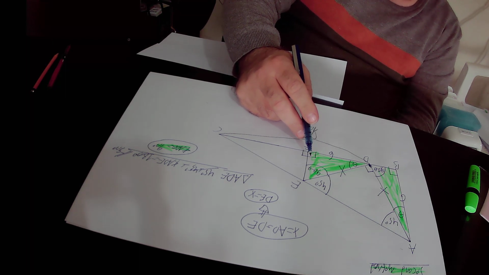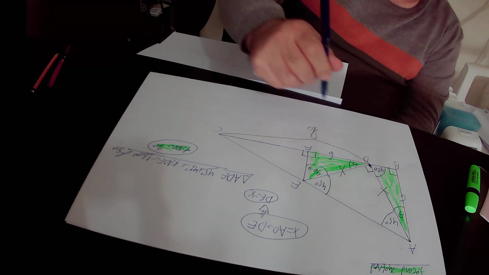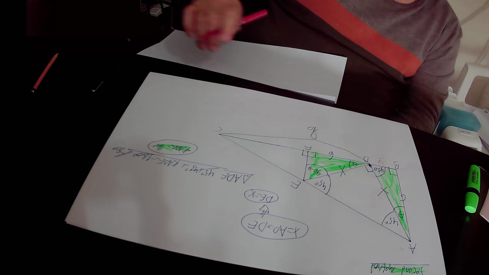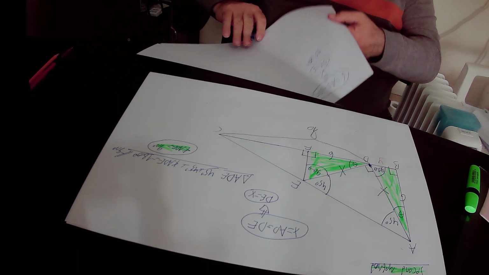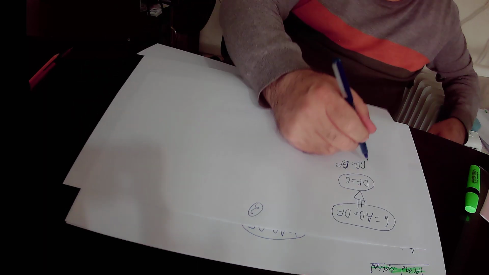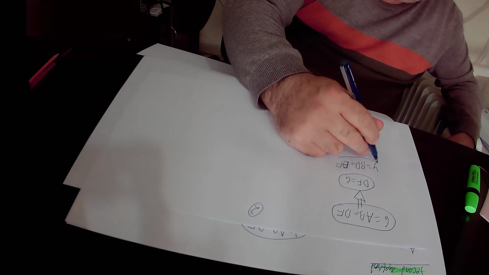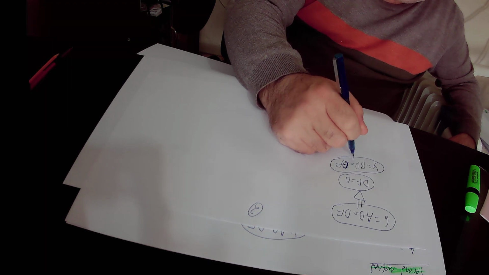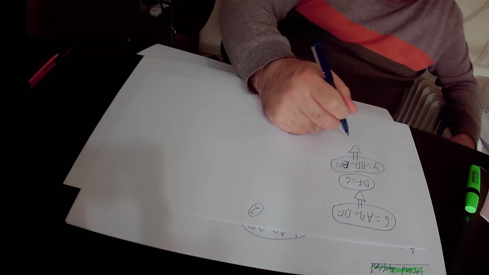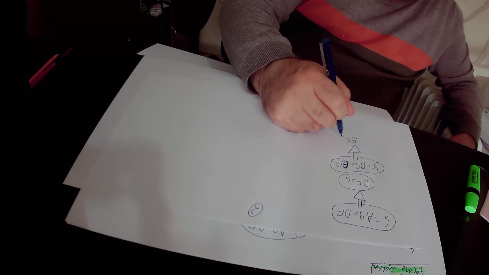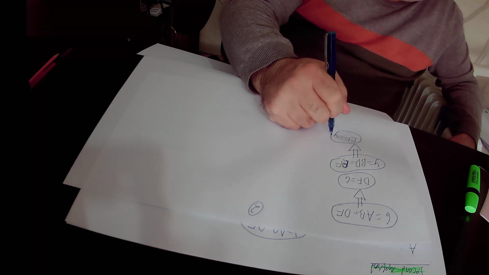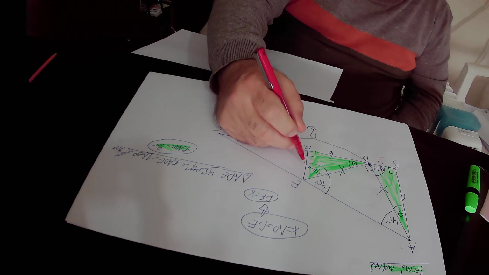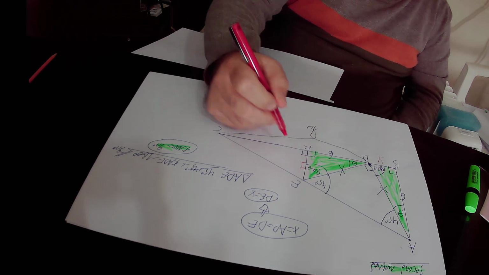Exactly according to the same rule. And if we define side BD as Y, side BD is equal to Y according to our definition. So from this equation, Y equals BD equals EF, we will derive that side EF is also equal to Y. So we can write down here that side EF is equal to Y. Okay?